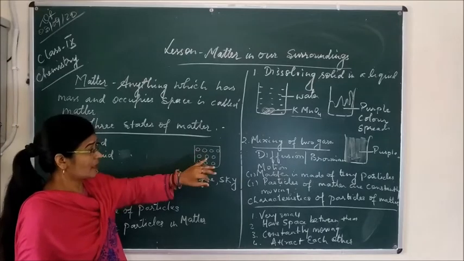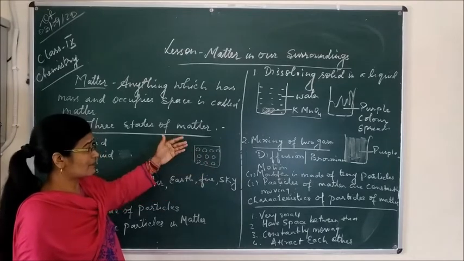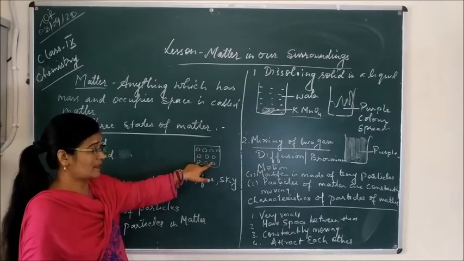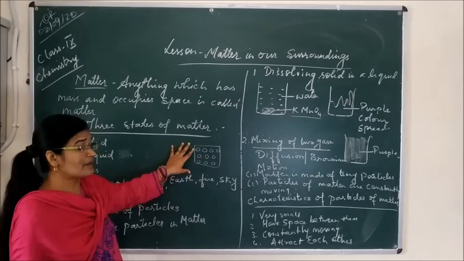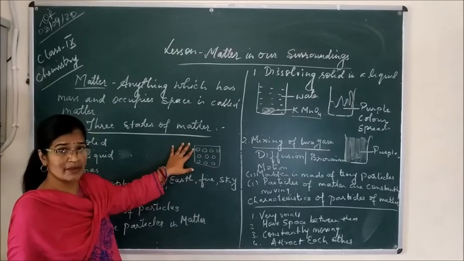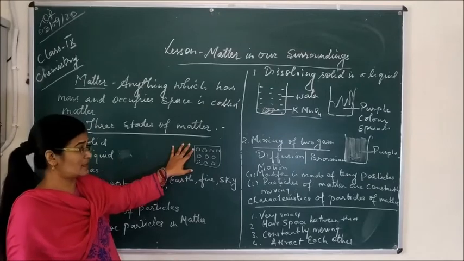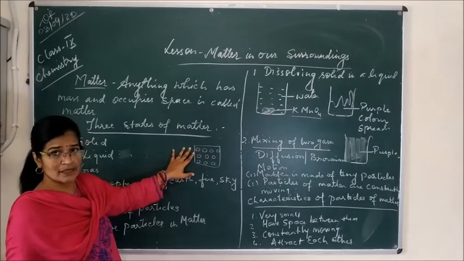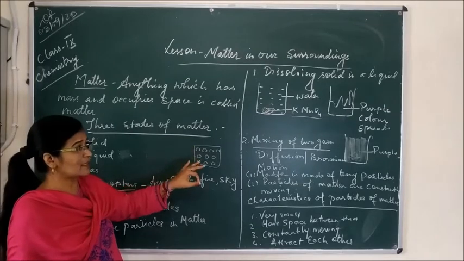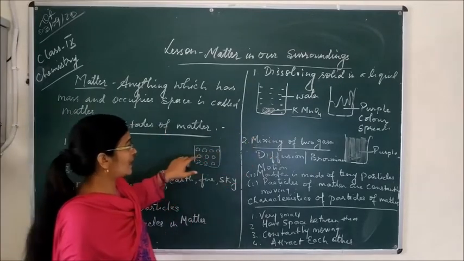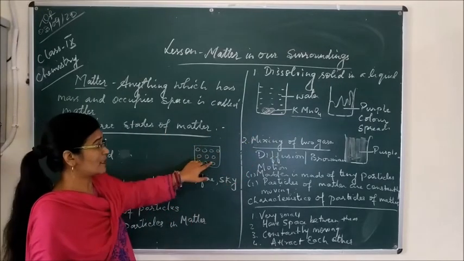So the sugar particles which get mixed with the water occupy that space between these particles. And that's why the level of the water remains the same even if we add the sugar or salt or potassium permanganate in this one glass of water. The level of the water remains the same because these particles of sugar, salt or potassium permanganate have occupied this particular space between them.